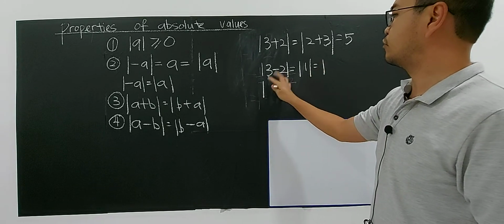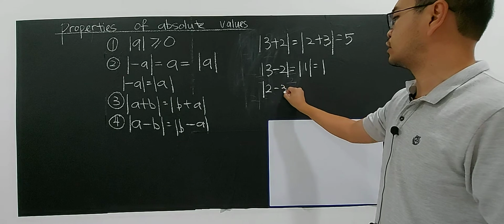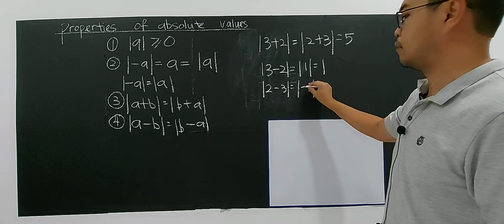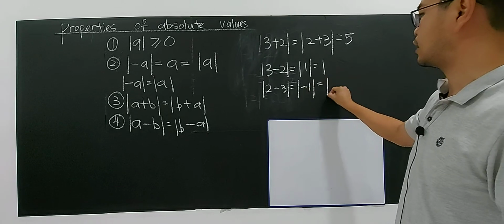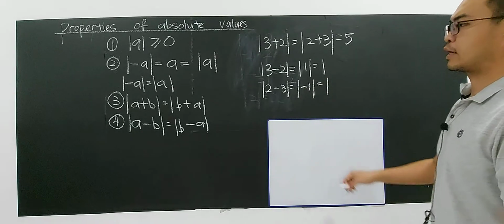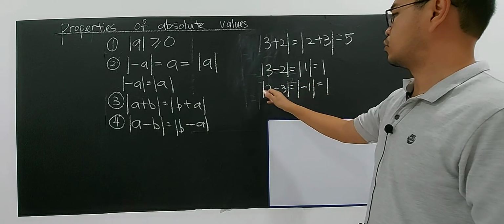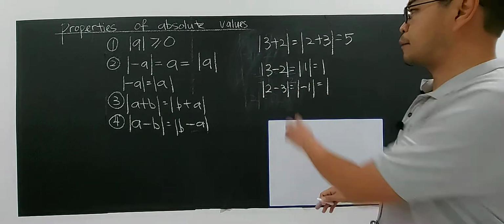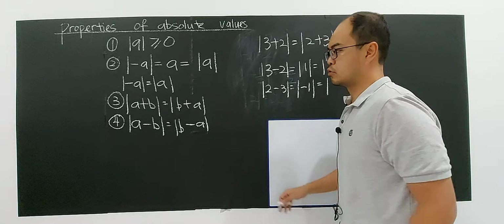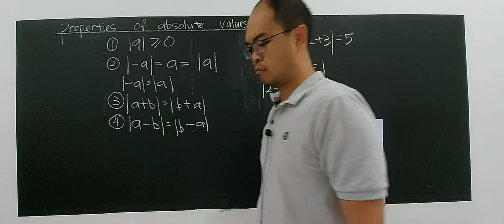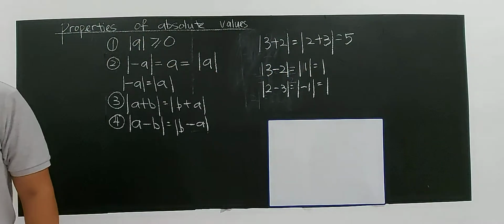If you reverse this, you take 2 minus 3, and you will get negative 1. But the result of the modulus, you will still get positive 1. So I can conclude that the modulus of 3 minus 2 is the same as the modulus of 2 minus 3. This happens for any number. So that's why in general the modulus of a minus b equals the modulus of b minus a.